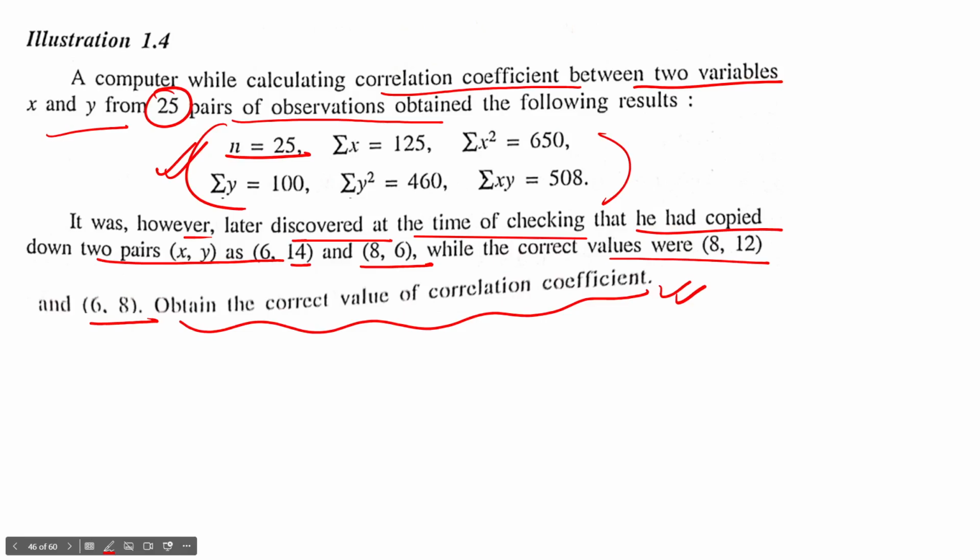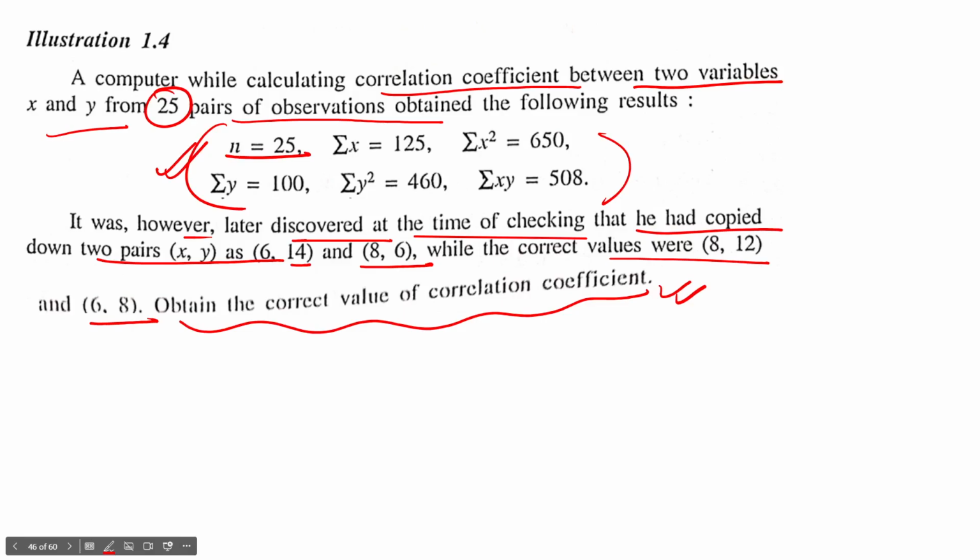This type of question we have solved in class 11, and in semester 1 we have all done this type of question, where the sums are given, some values were incorrect, you have to delete the incorrect values, put in the correct values, and after that calculate the measure of central tendency. This type of question was given in your semester 1 chapter on measures of central tendency.